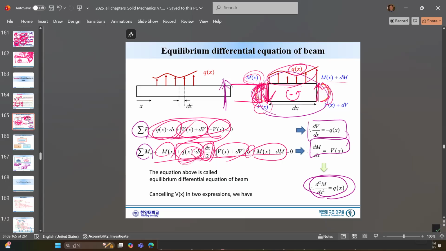Well, this one will disappear, giving us a very simple but very powerful equation: dV/dx equals minus qx. Now for moment, to make a long story short, we get dM/dx equals minus Vx. These are the two equations we got from the equilibrium equations.